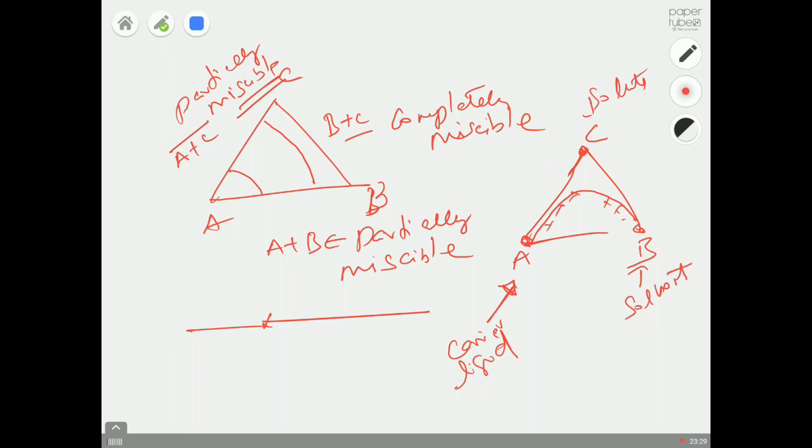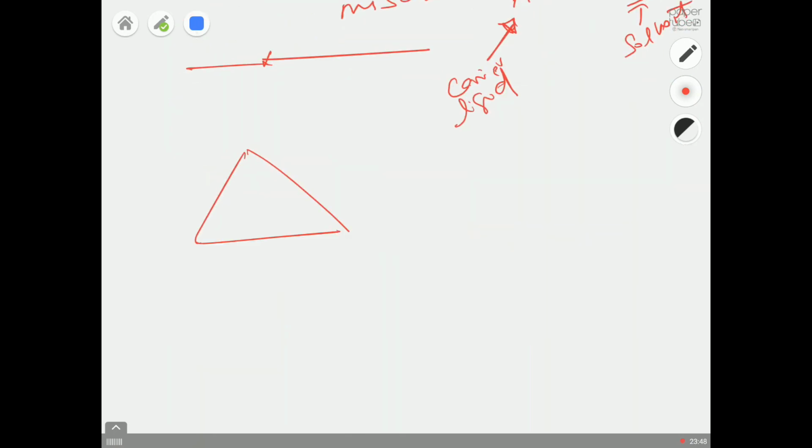Always try to follow this pattern, because when we are going to solve some problems, I will tell you my feed solution contains 20% of C and 80% of A. At that time we are going to plot some line inside this triangle, so we shouldn't make any mistake.